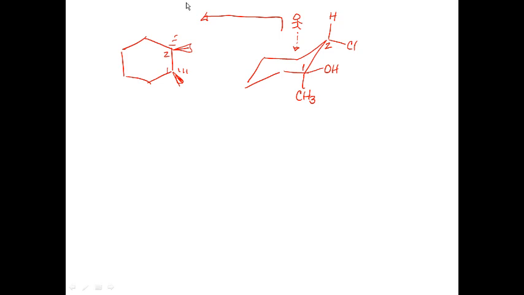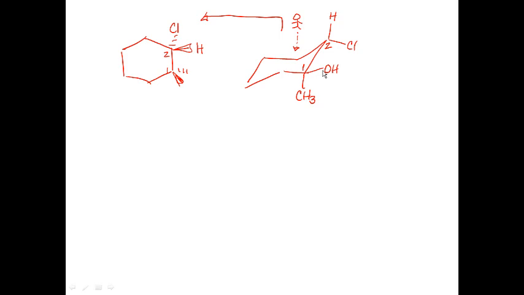So if I imagine myself up here looking down on this ring, I'm going to end up with a 1,2 disubstituted ring. And now, for carbon 2 here, which group, the hydrogen or the chlorine, is pointing towards me if I'm above the ring? If you said hydrogen is pointed above and chlorine is below the plane of the ring, you're right. What about for the oxygen and the CH3?